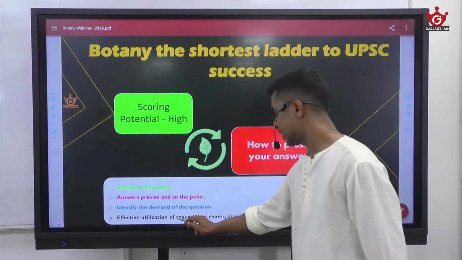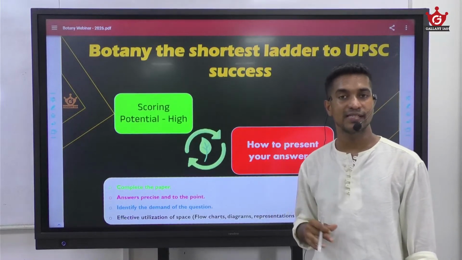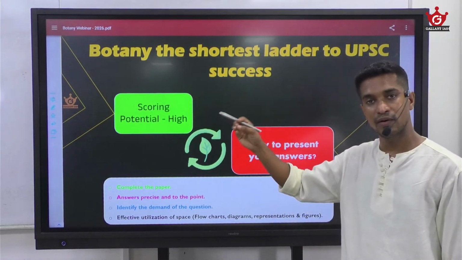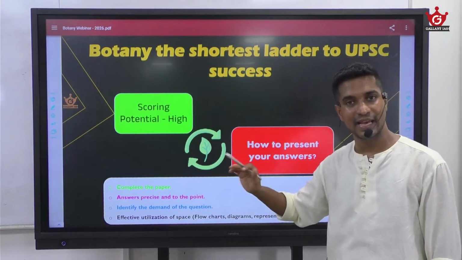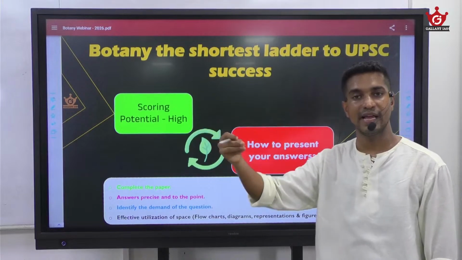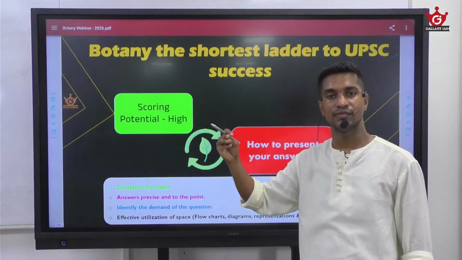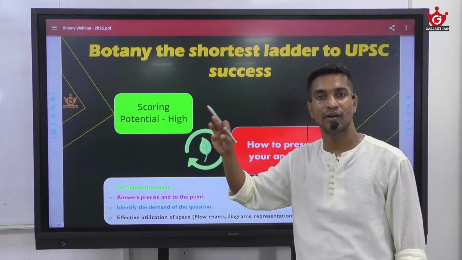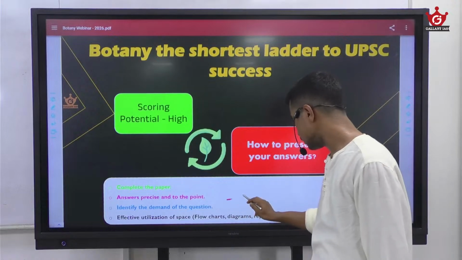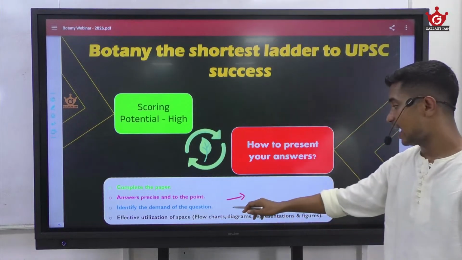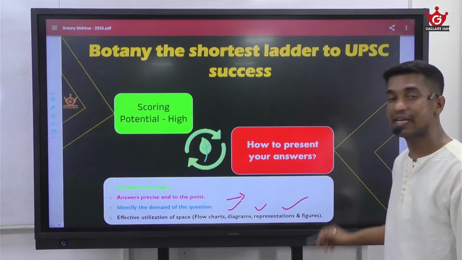Okay, and the fourth thing is effective utilization of space. Okay, so while meeting the demand of the questions, you can write the contents there. Along with that, if it is an anatomical question, or in botany or another science subject, if you are opting for botany or any other science subject as your optional, you have to present the answers along with the contents, flowcharts, diagrams, representations, and figures.